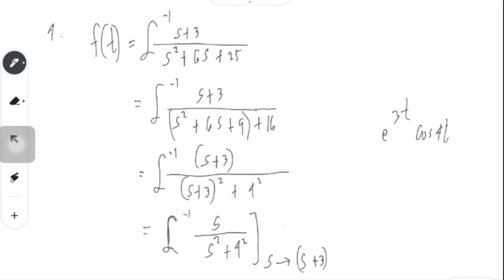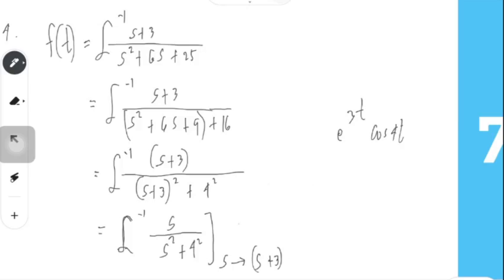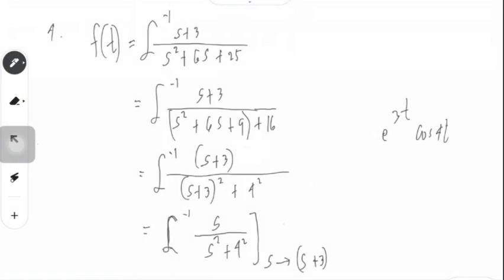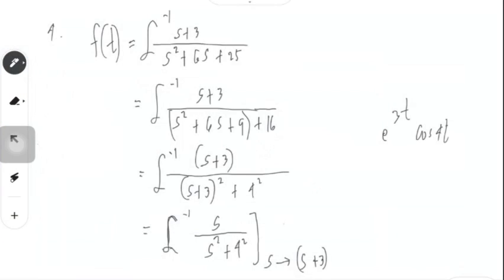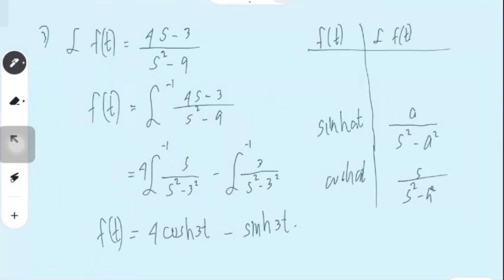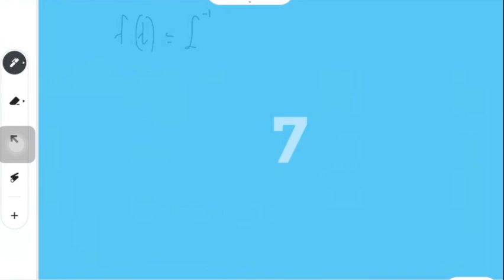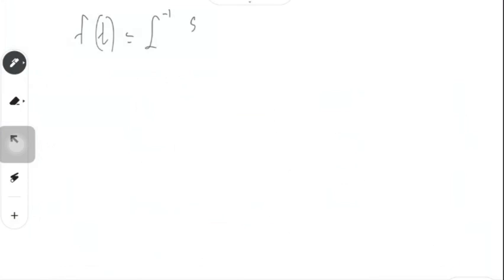Balik tayo dito. The inverse Laplace transform of s over s squared plus 4 squared from the table, this will give us what? Ano yung lumalabas pagka yan?